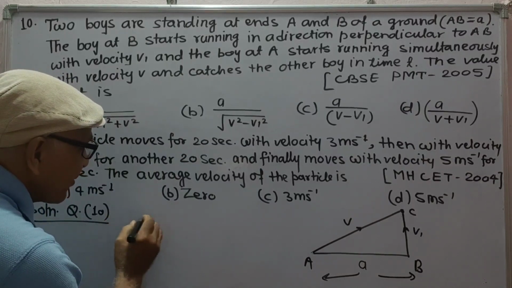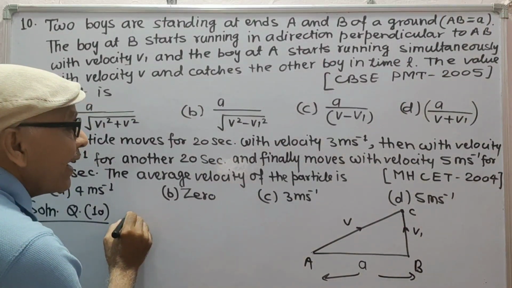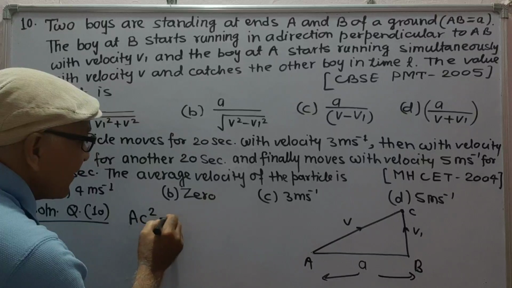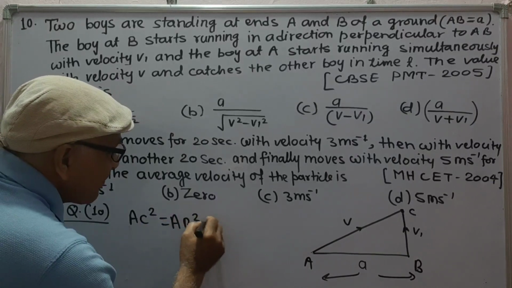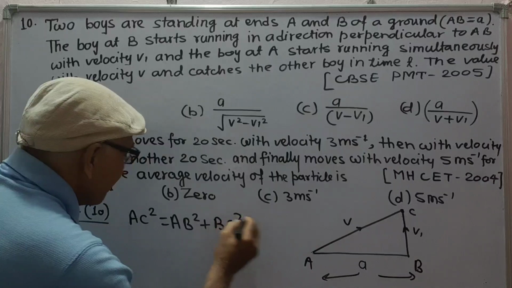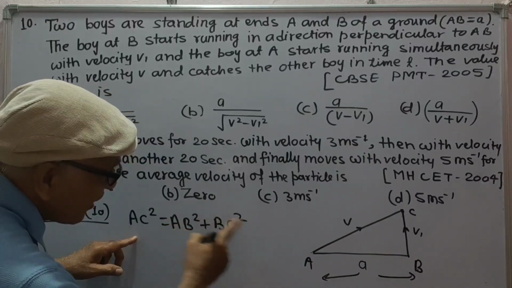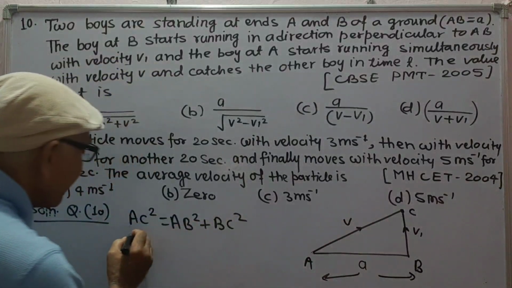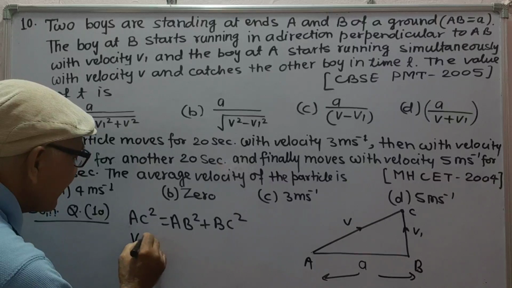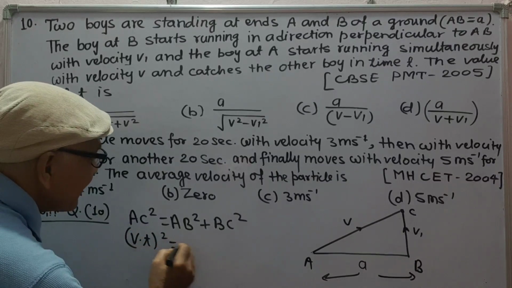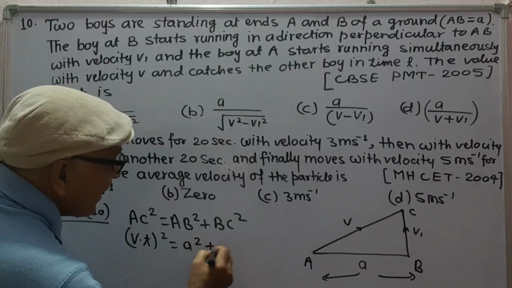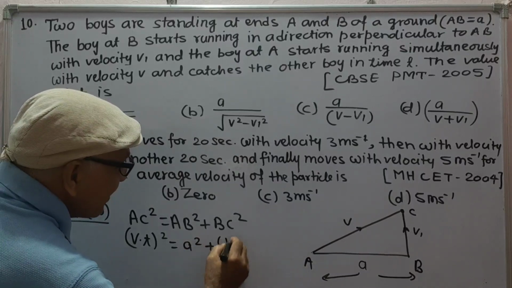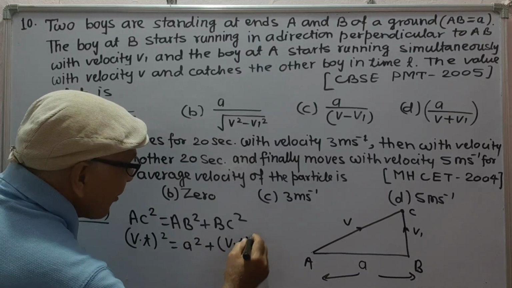from Pythagoras theorem, AC square will be equal to AB square plus BC square. AC is equal to velocity into time, so v into t whole square is equal to AB is a square, and BC is velocity into time, v1 into t whole square.